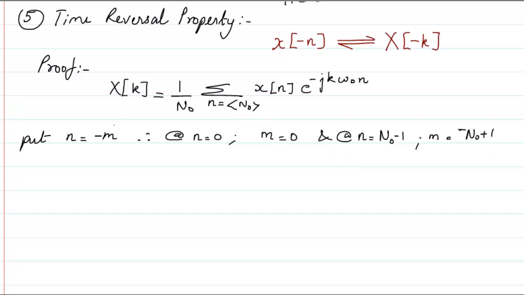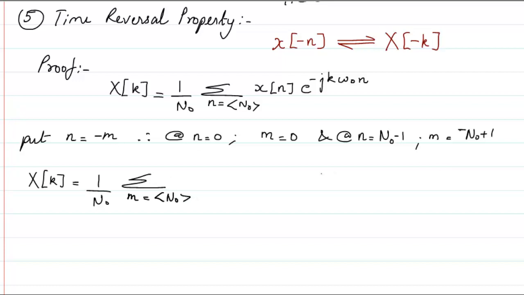So therefore, when I substitute that, I will write x of k is equal to 1 by n naught summation, and now I have changed n to m, so I will write this as m, within the limit of n naught itself.